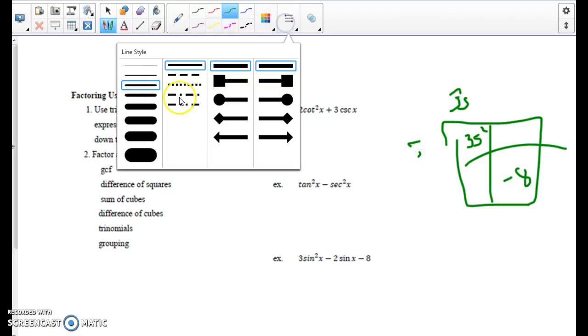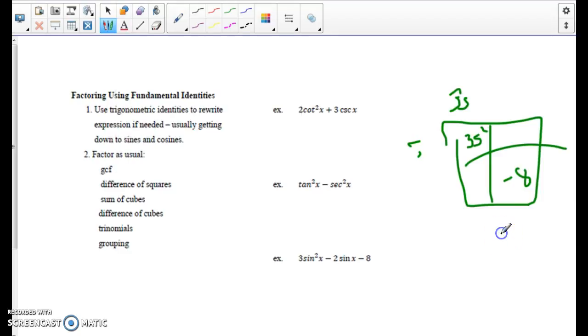And then I change the width to a little bit thinner. See how that helps me. I gotta use a negative and a positive. So I'm gonna put a positive 4 and a -2, because that gives me -6 and positive 4, which add up to be -2.